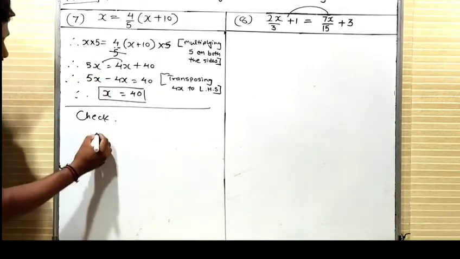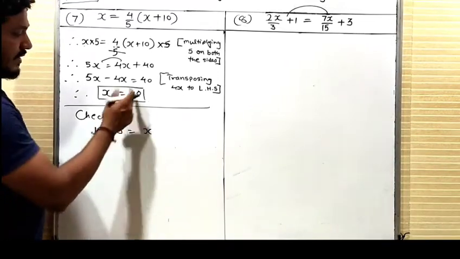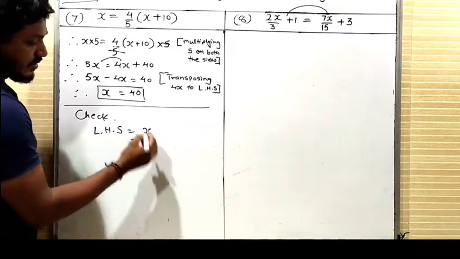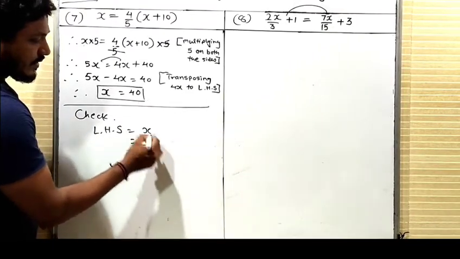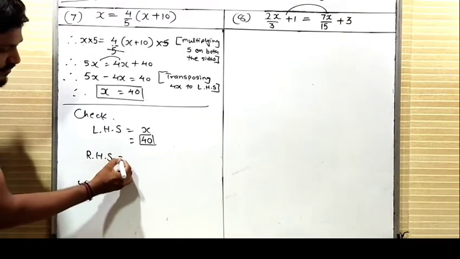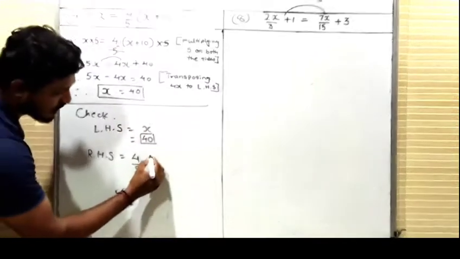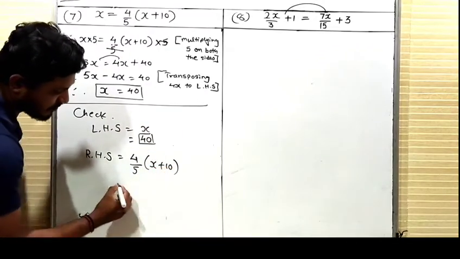Let us first check the left hand side, which is only x, and the value of x we got is 40. So we need to get 40 on our right hand side also. So write down the right hand side over here. That is 4 by 5 in bracket x plus 10.